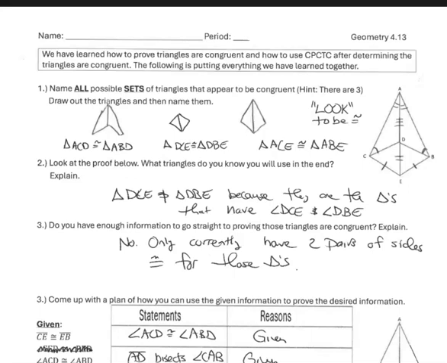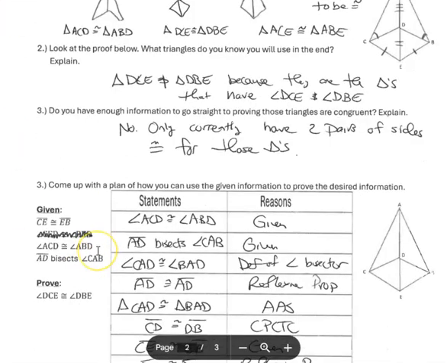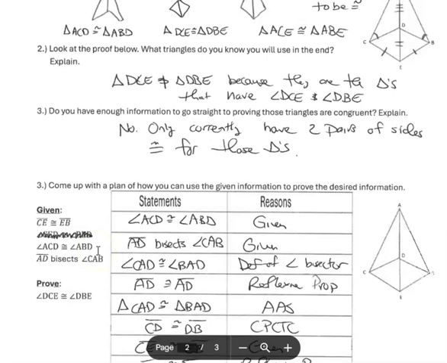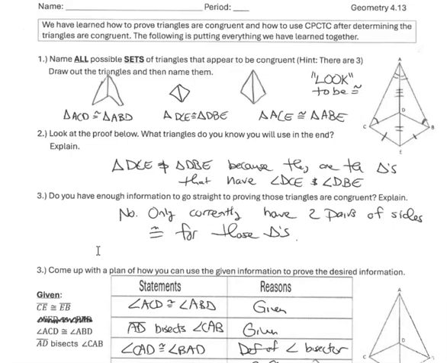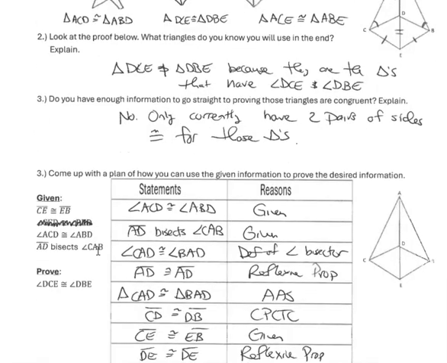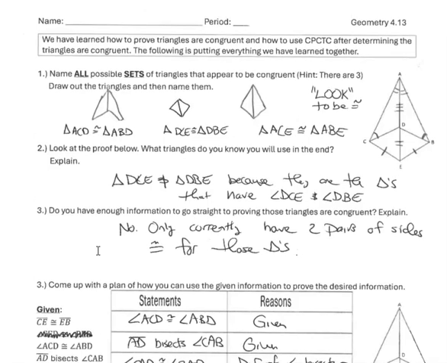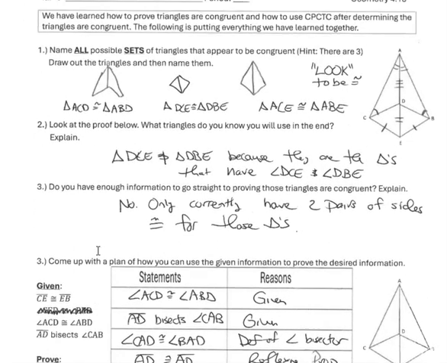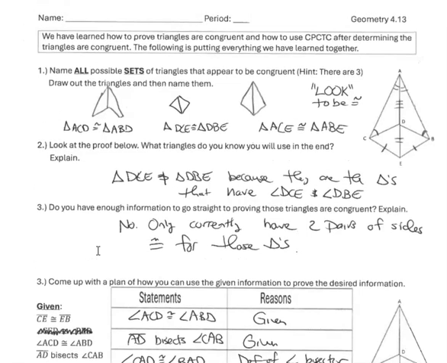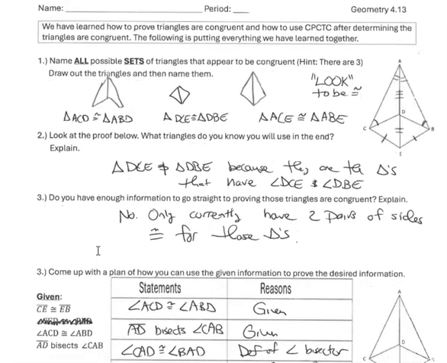It says, look at the proof below. What triangles do you know you are going to end with? Explain. So in the end, we are trying to show that angle DCE and angle DBE are congruent. When you look at DCE and DBE, those are the middle two triangles, out of the left triangle, the middle triangle, and the right triangle in problem number 1.